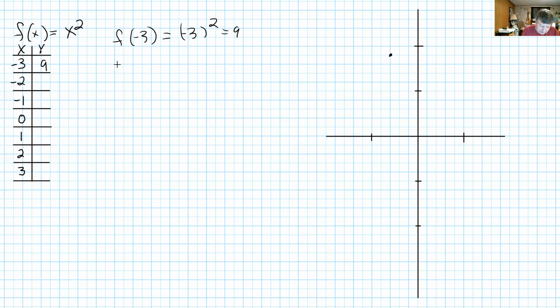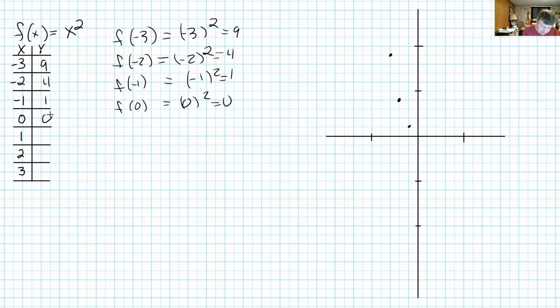If x is -2, f of -2 equals -2 the quantity squared, which is 4. So -2, 4. If x is -1, f of -1 equals -1 the quantity squared, which is 1. If x is 0, f of 0 equals 0 squared, which is 0.